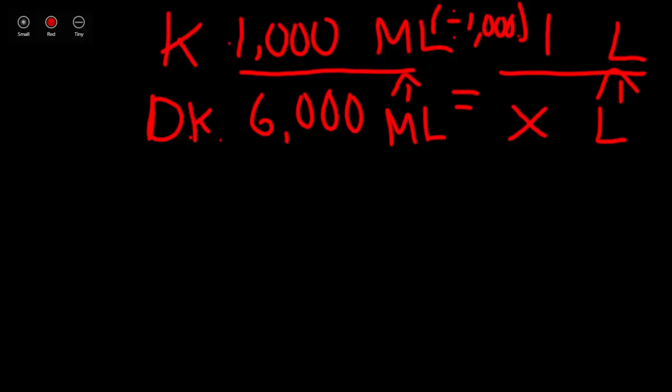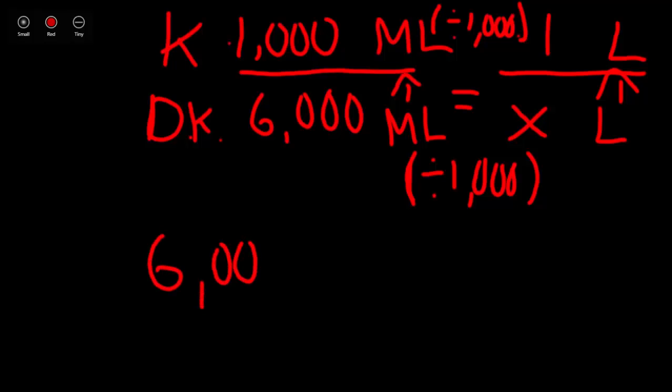We need to do the same thing to the bottom of our problem, because just like when we're making equivalent fractions, we're a copycat. We do the same to the bottom that we do to the top. So we're going to divide by 1,000. Now we can see our number sentence: 6,000 divided by 1,000 equals. And this should be pretty simple.